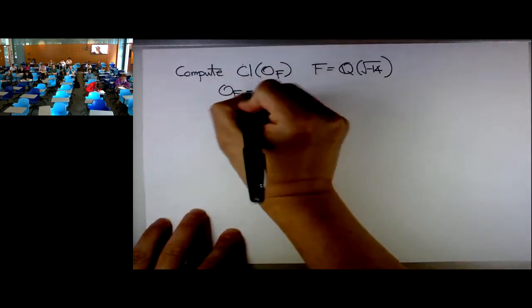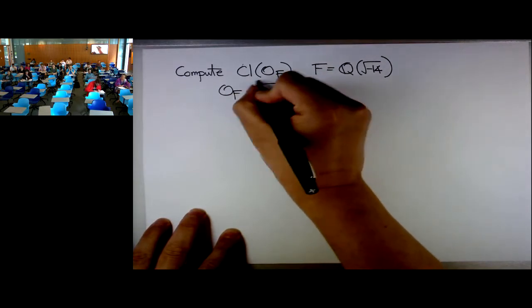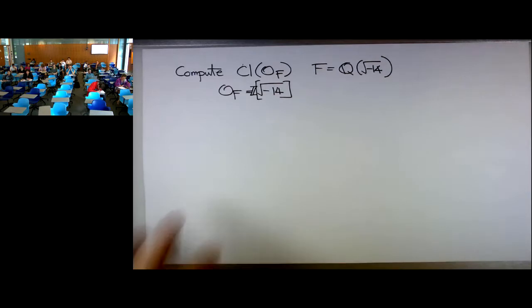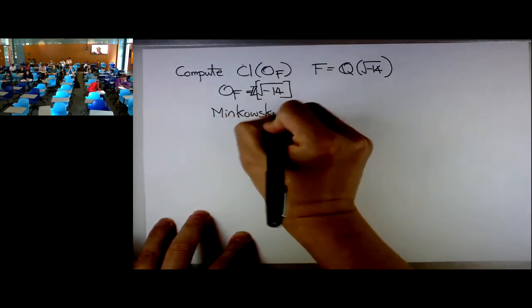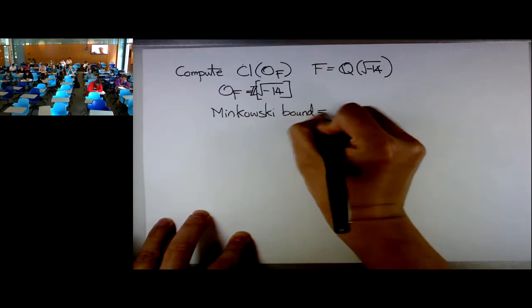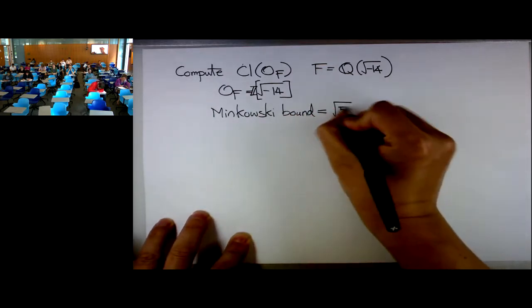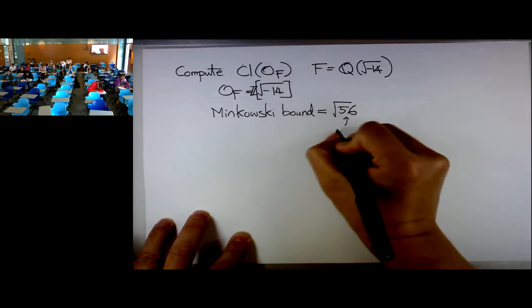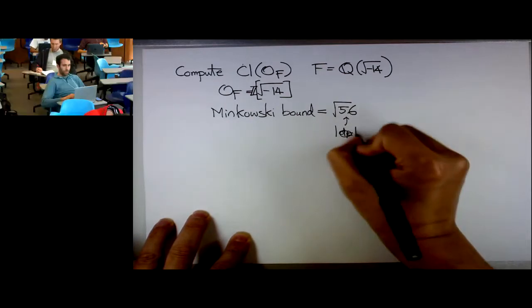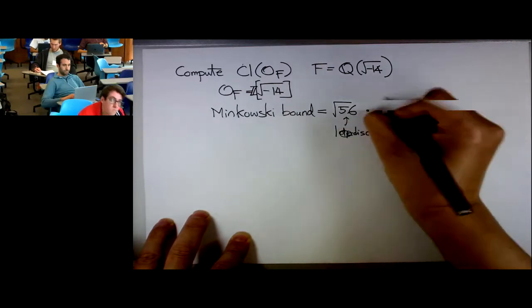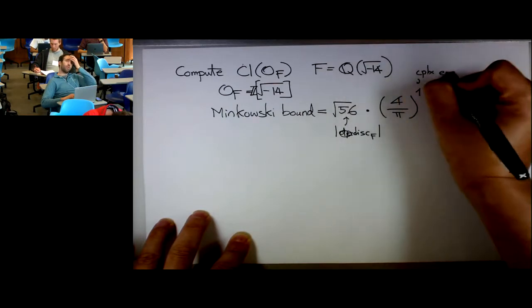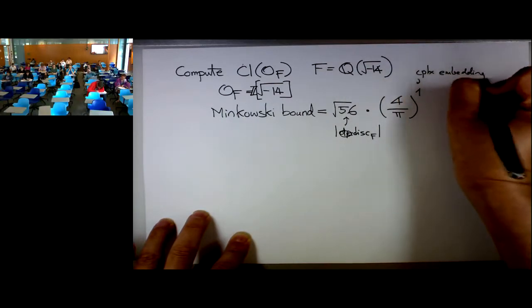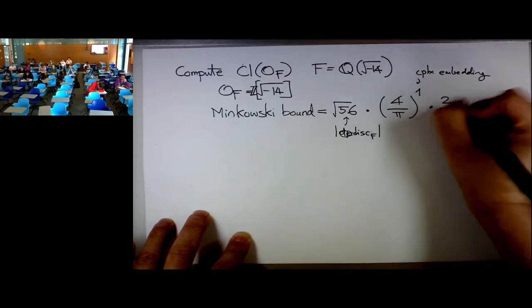In this case, O_F is Z adjoin square root of -14, and the Minkowski bound in this case is equal to square root of 56, the absolute value of the discriminant, times 4 over pi to the 1 for the complex embedding, times another factor, which is 2 factorial over 2 to the 2.